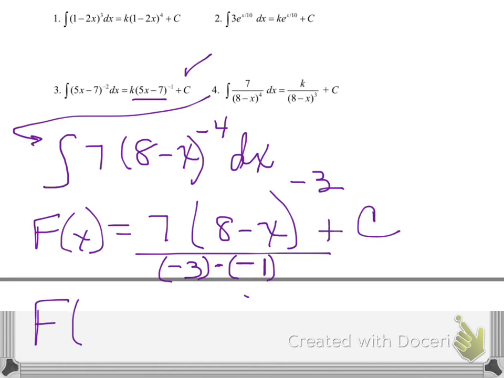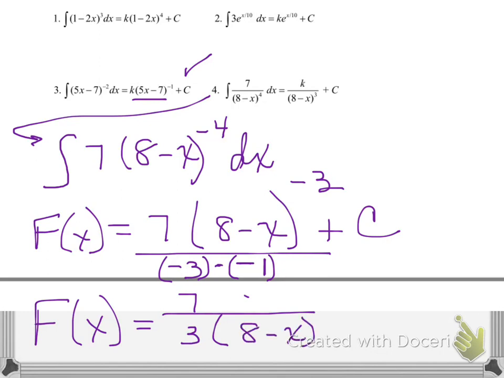Okay, cleaning this up and looking at what they have for the answer, I'm going to bring the 8 minus x to the -3 down. -3 times a -1 will be positive, so I'm going to have 7 here, 3 down below, and then next to the 3, I'm going to have 8 minus x.